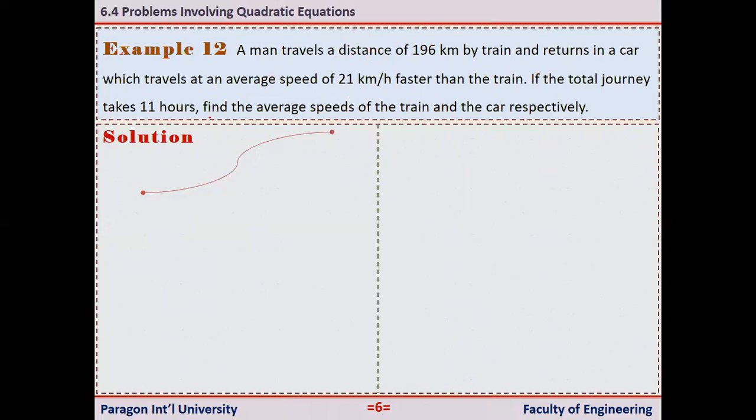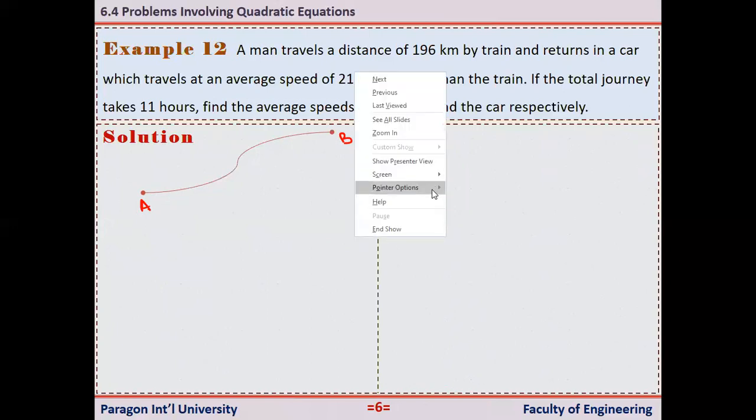If the total journey takes 11 hours, find the average speeds of the train and the car respectively. Let's say you are traveling from one city to another, and let's say the city names are A and B. Let me change my pencil color.